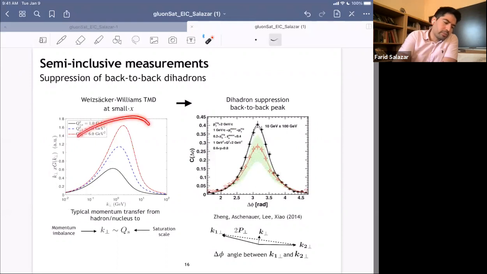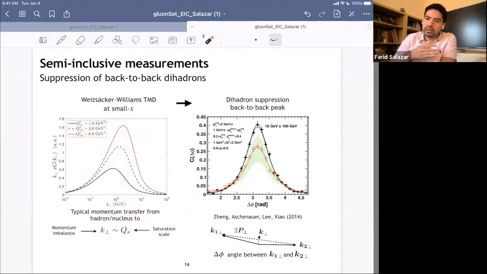And so here, for example, is a very simple model for the Weizsäcker-Williams distribution, which enters this process. And you see that this Weizsäcker-Williams distribution peaks at larger values of k_T for larger values of Q_s. So if you compare this red with this black curve, you see that they peak at different locations.